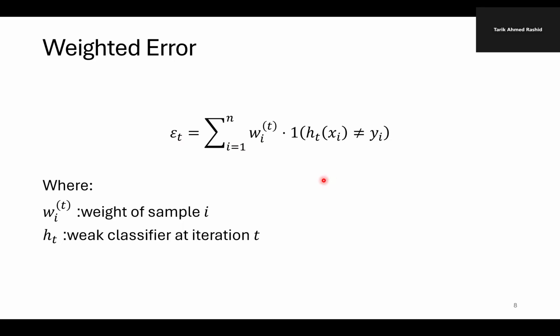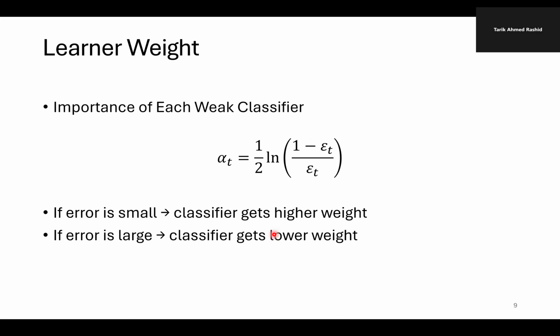That is, the weak learner's prediction not equal to y, and the weight will be multiplied by this one. So it's a sigma, a sum of all weights whereby they have errors: the weight of sample i, and the classifier at iteration t.